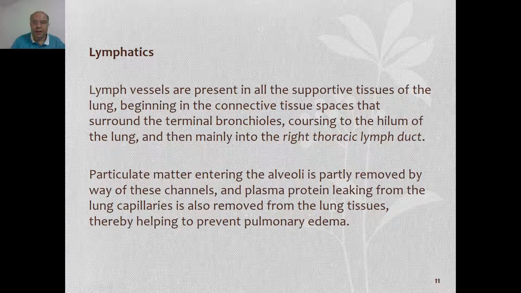Lymph vessels are present in all the supportive tissues of the lung, beginning in the connective tissue spaces that surround the terminal bronchioles, coursing to the hilum of the lung, and then mainly into the right thoracic lymph duct. Particulate matter entering the alveoli is partly removed by way of these channels, and plasma protein leaking from the lung capillaries is also removed from the lung tissues, thereby helping to prevent pulmonary edema.